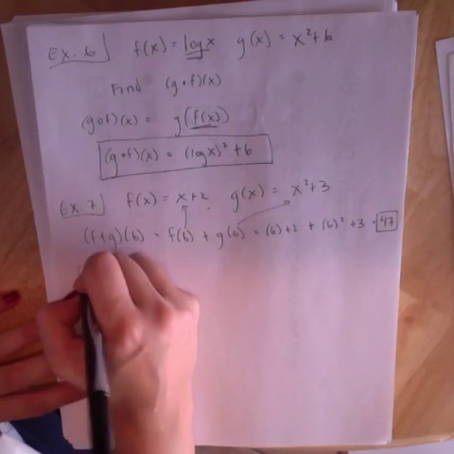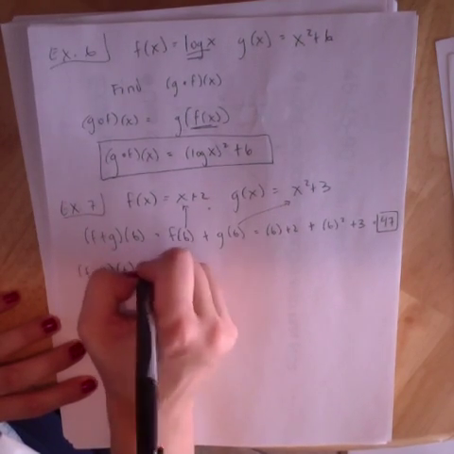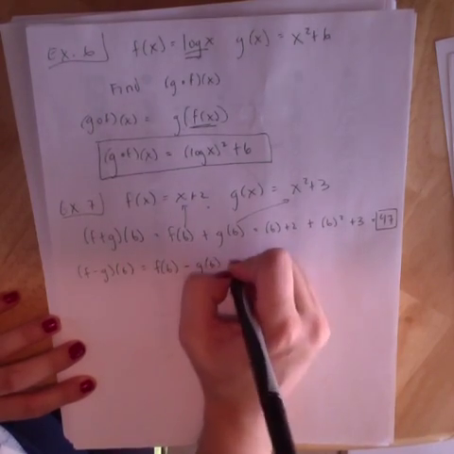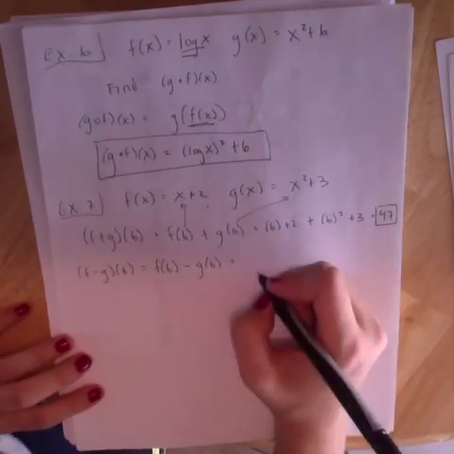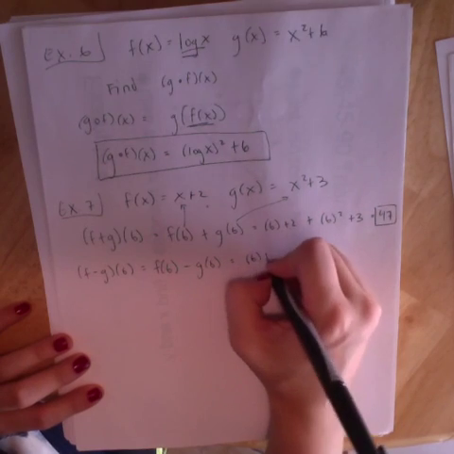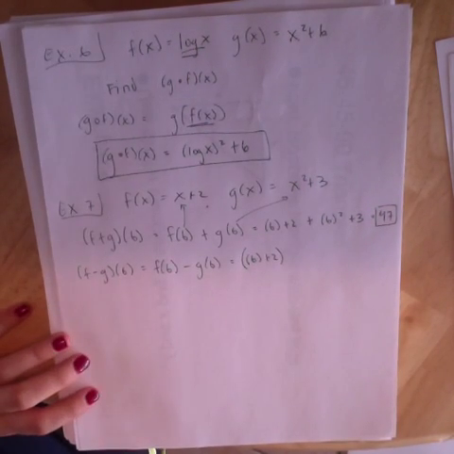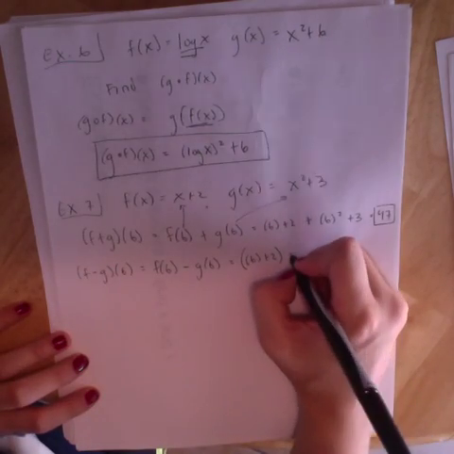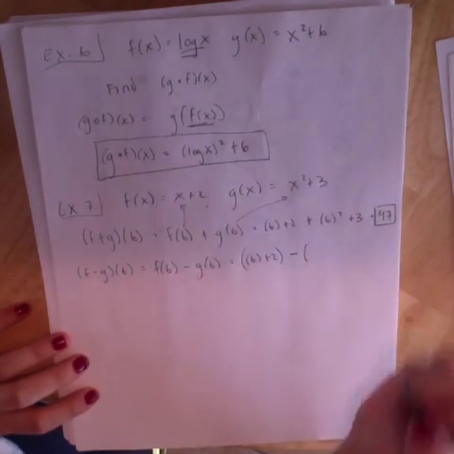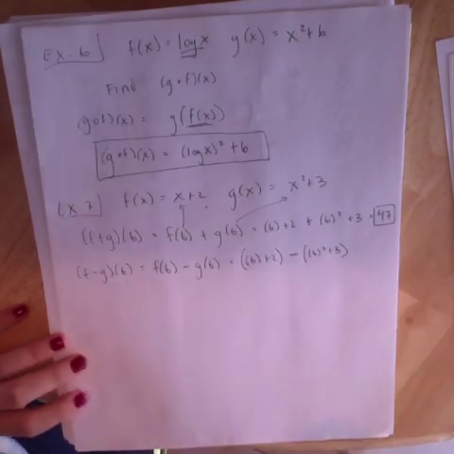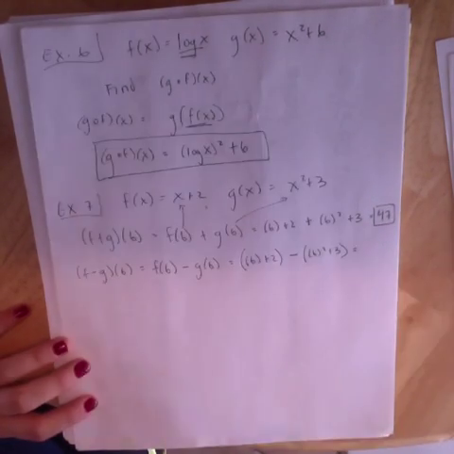Same thing if I have f minus g of 6. That's the same thing as saying f of 6 minus g of 6. So for f of 6, I know I have 6 plus 2. Now I'm going to put the whole thing in parentheses, okay? Because I'm subtracting all of g of 6, which is 6 squared plus 3. I'm subtracting the whole entire thing.